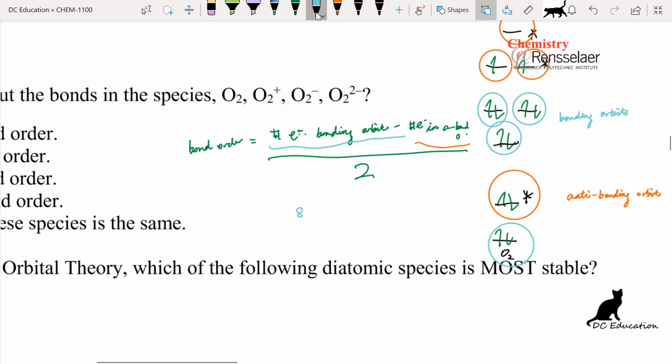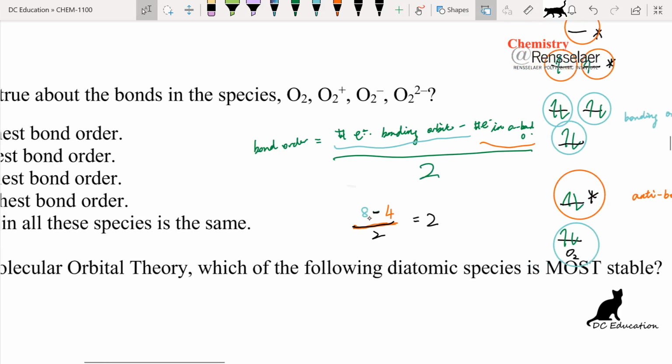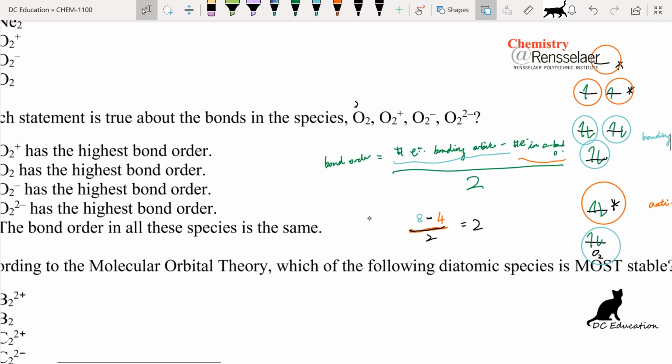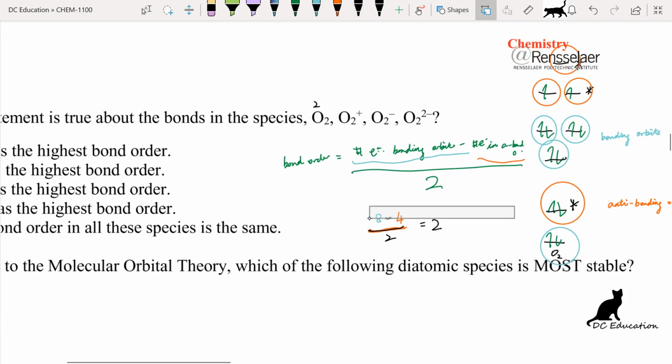It's 8 minus 4, I'm sorry, 8 minus 4 divided by 2, which equals 2. So that's a bond order of 2 for oxygen.